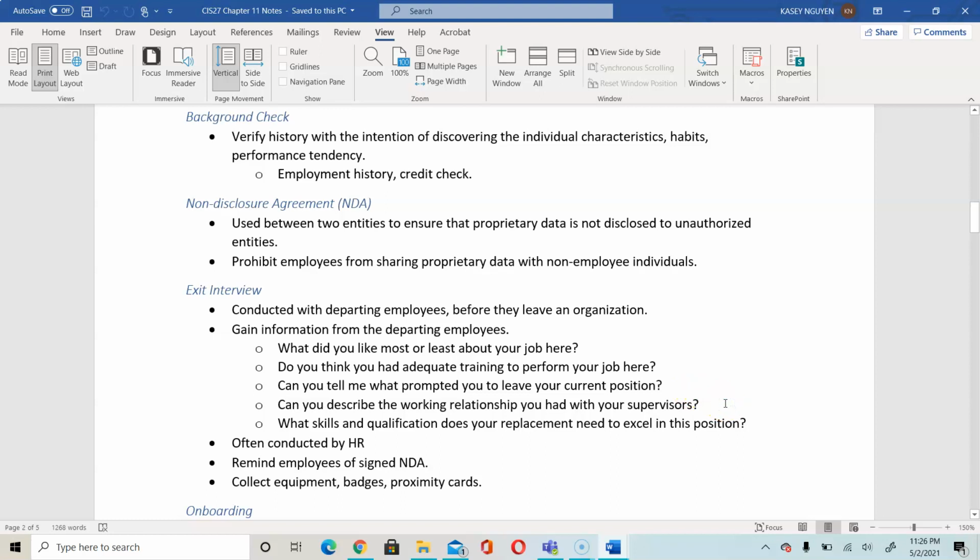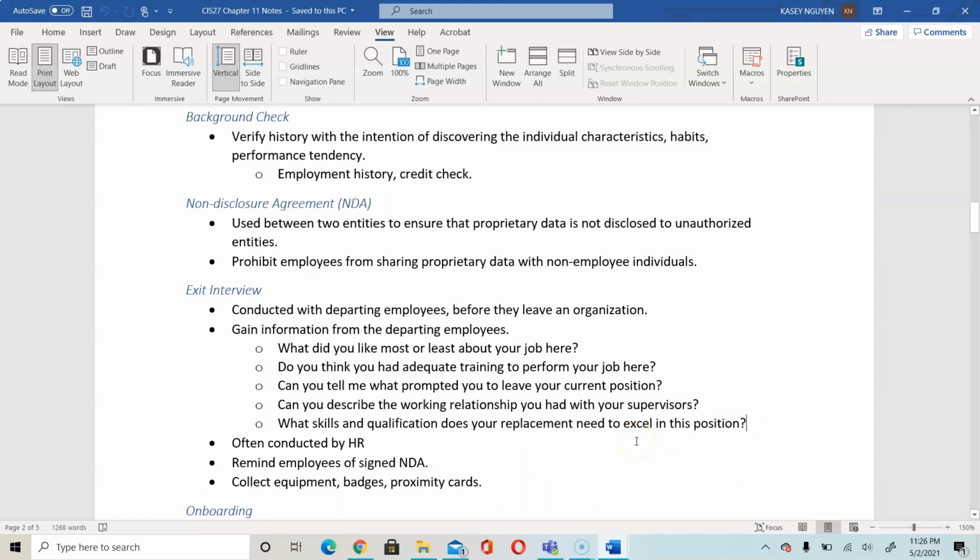It also covers the relationship with supervisors and managers, and whether there's some kind of harassment that needs to be disclosed. And also looking at how they could replace the individual. So exit interview is an important process.